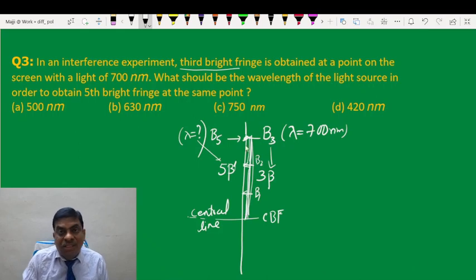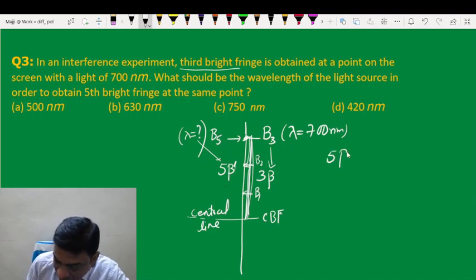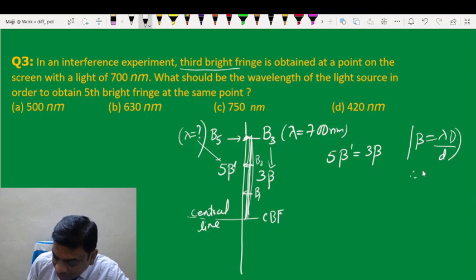So as you move a distance n beta, you get the nth bright fringe. Here we require the fifth bright fringe, so we have to move a distance 5 beta dash. So I can write 5 beta dash is equal to 3 beta. And you know beta is equal to lambda capital D by small d. Remember, capital D by small d is the same, as the setup is not changed. So beta is proportional to lambda. So 5 times lambda dash is equal to 3 times lambda.